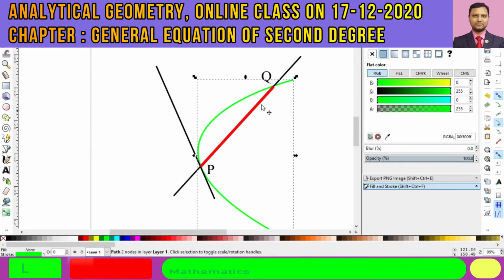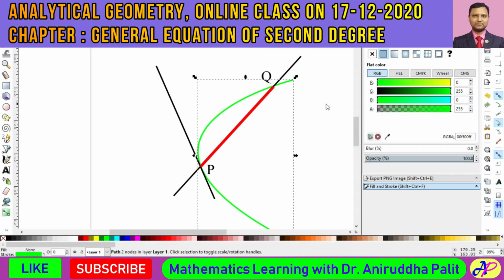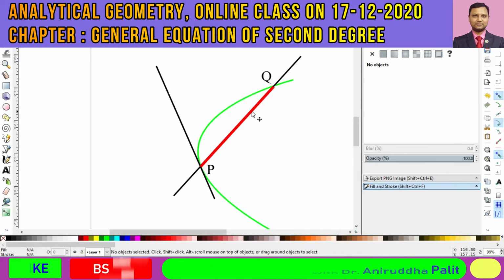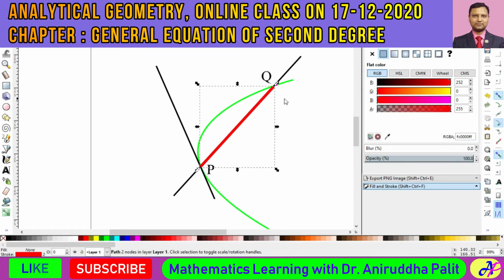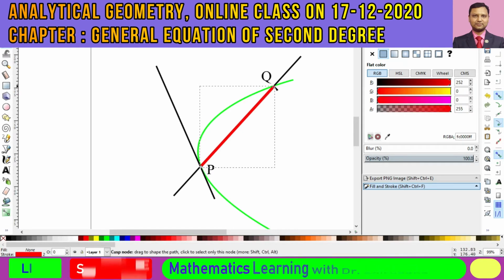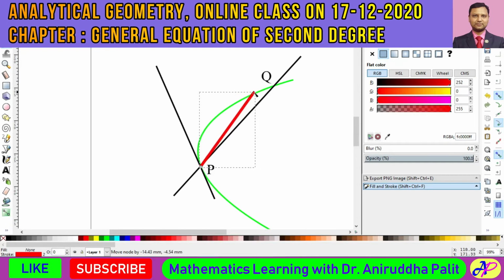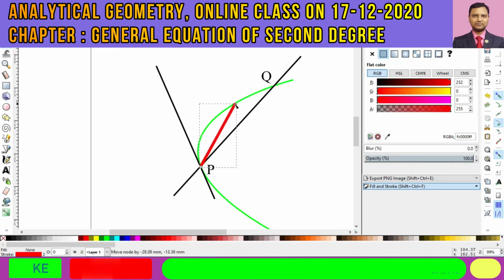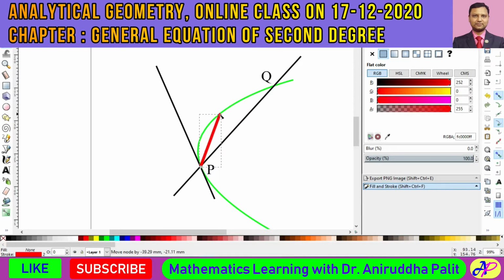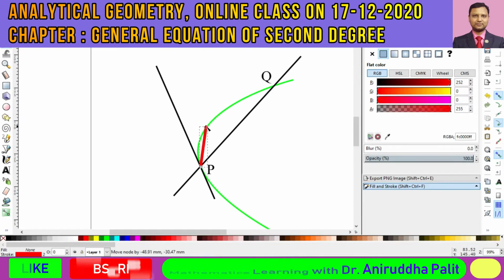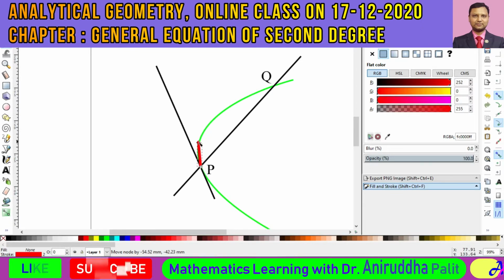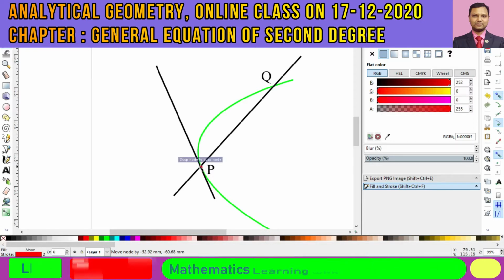One is the point P, another is the point Q. Now, suppose this point Q is moving along this curve towards the point P, not along the straight line PQ.